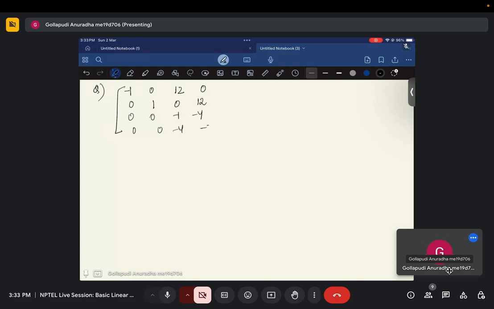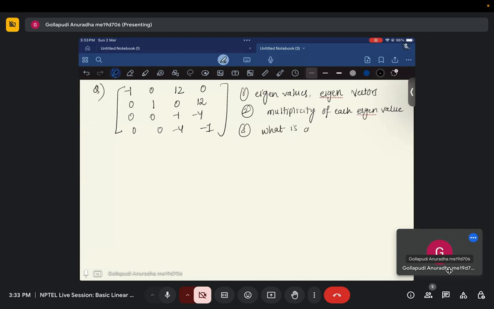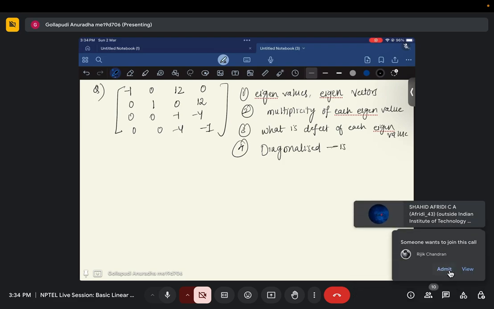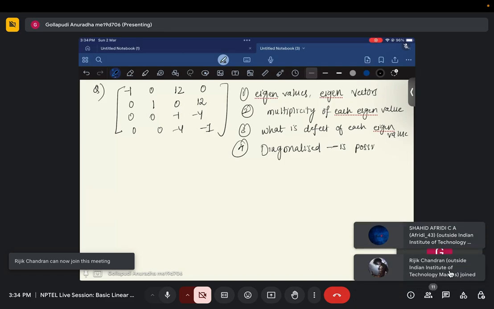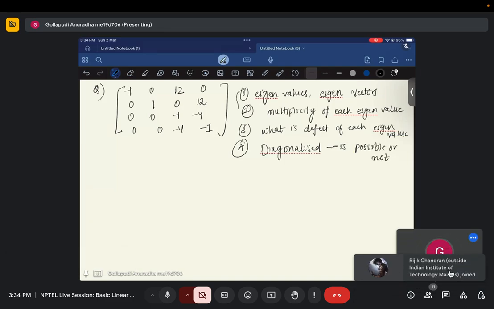I want you to find the eigenvalues and the corresponding eigenvectors, and then find the multiplicity of each eigenvalue, and the defect of each eigenvalue, and tell me whether diagonalization is possible or not. For the given matrix, answer all these questions.